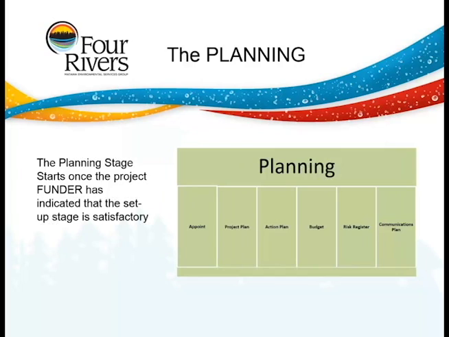So your project plan is done by you and your entire team, and you break it down. Details of the objectives, your outputs, and scope of the project, who you're going to be reaching. Then the next one is the action plan, agreeing on action plan and timelines.